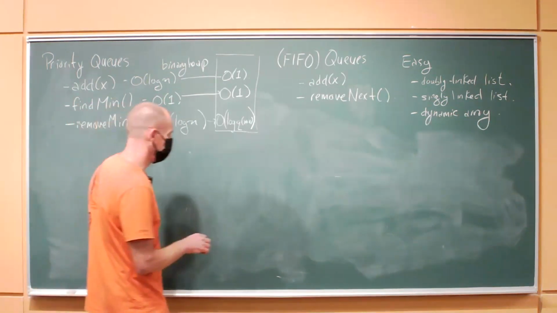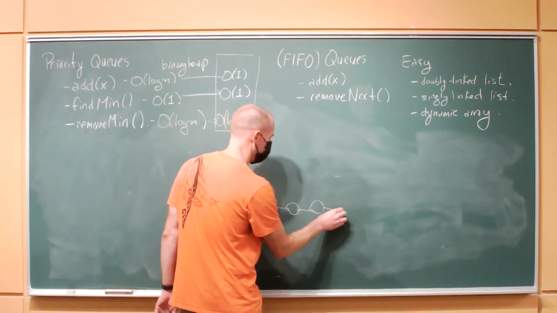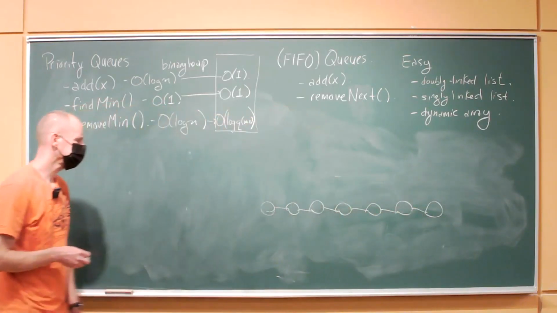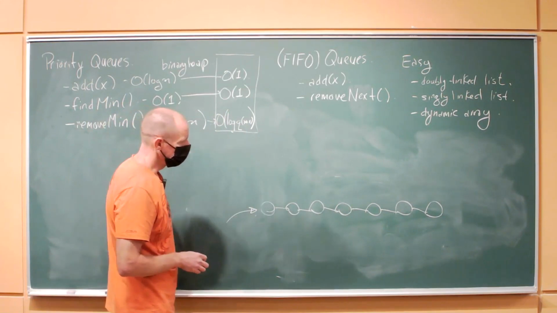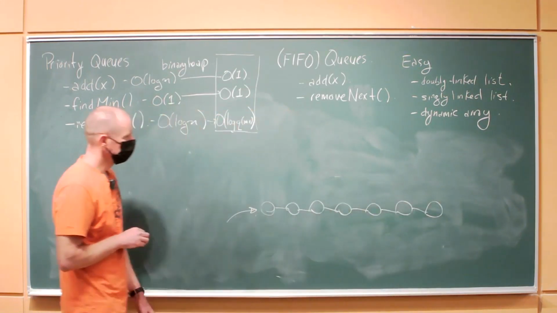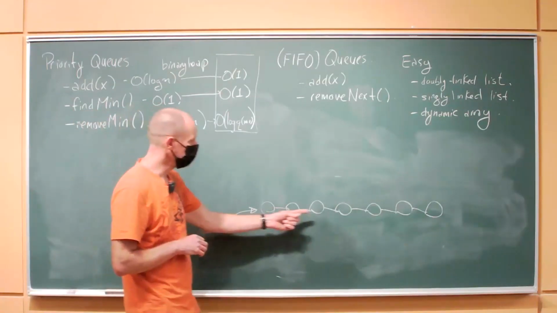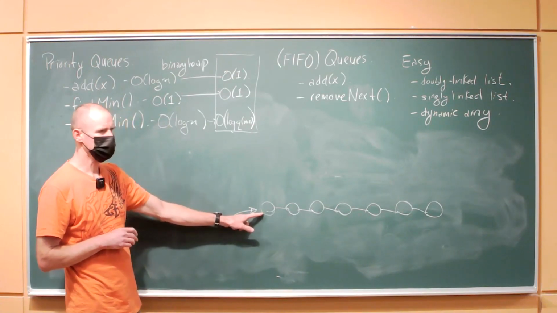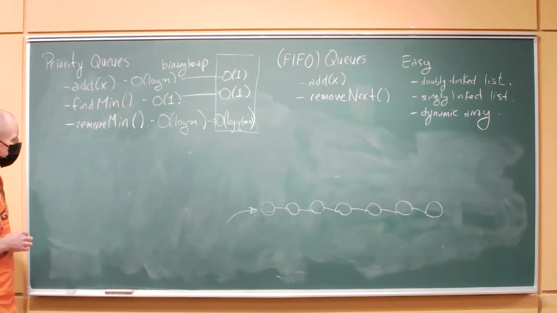Something silly you can try is, I mean, how bad is it if you just try and use a queue, right? So things come in at this end, and well, they get to leave from anywhere, but you search for them in some way. So the priorities are added over here. Adding something to this list takes constant time. Find min, well, you could try to hack that in some way.